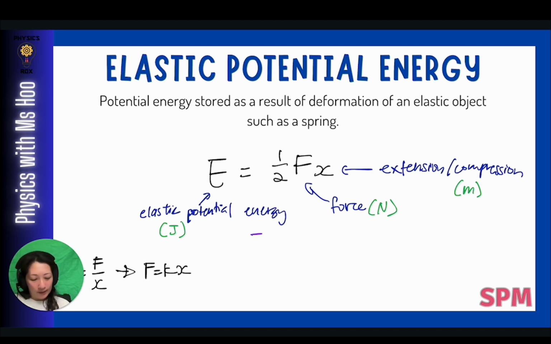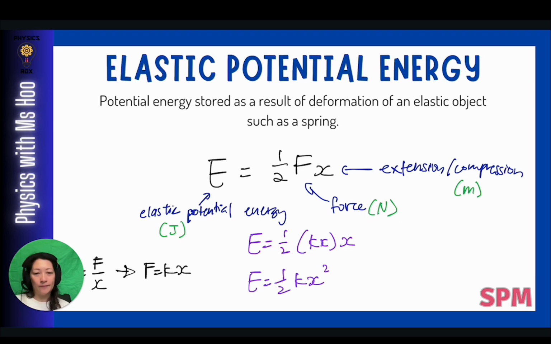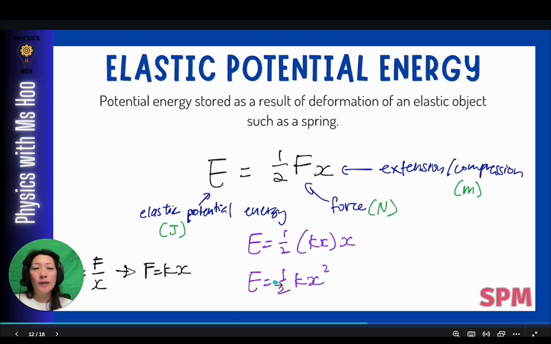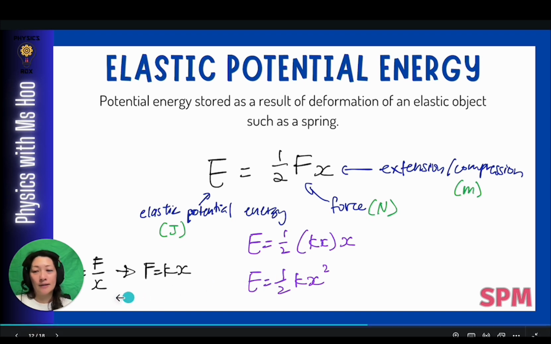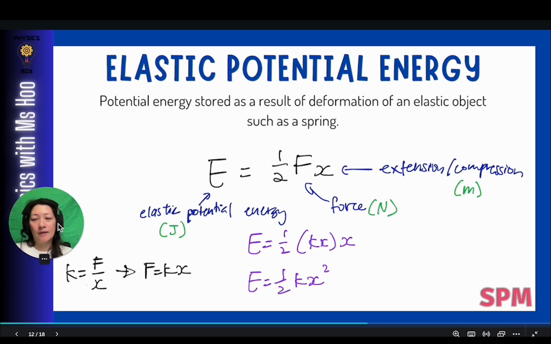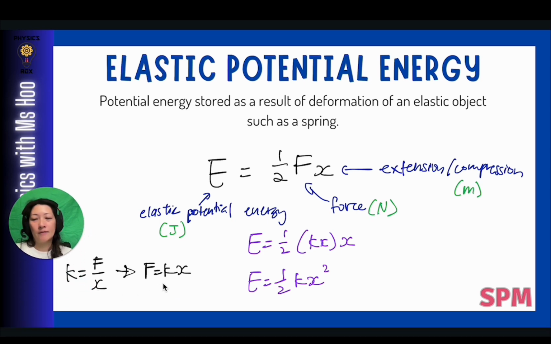So we have E equals half, instead of F, we will write now Kx times X, and this gives us half Kx squared. So you can use this derived formula if you don't have the force applied, but you have the value of the spring constant. Just realized that my face was blocking the formula, so here it is.